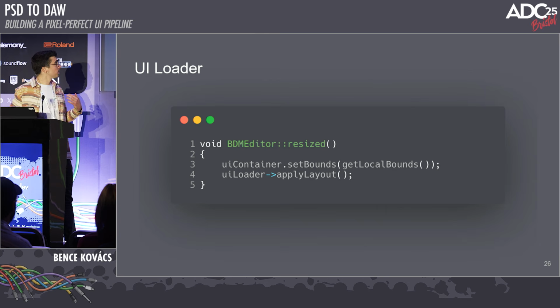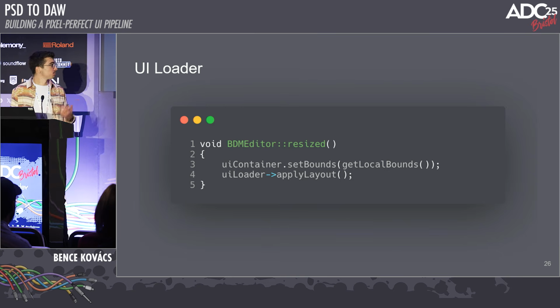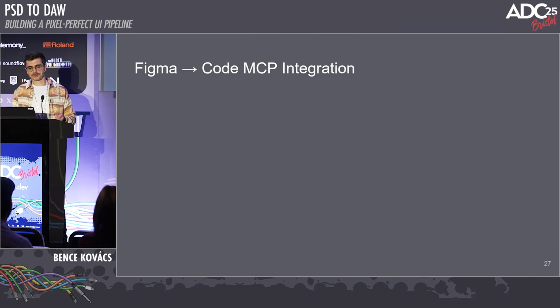And then that's pretty much it. And if you look at how the window is sized afterwards, it becomes quite lean. You basically just have to set the size of your container, and then if you call apply layout on the loader, it will take care of properly sizing all your generated components.